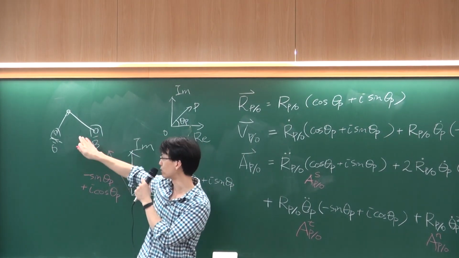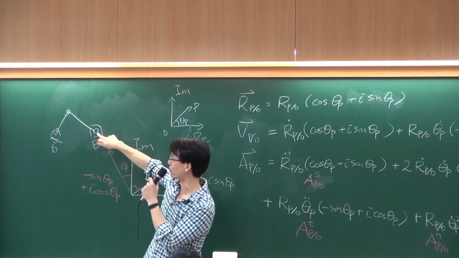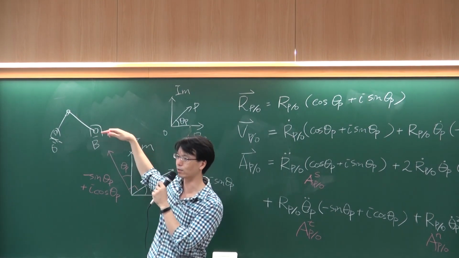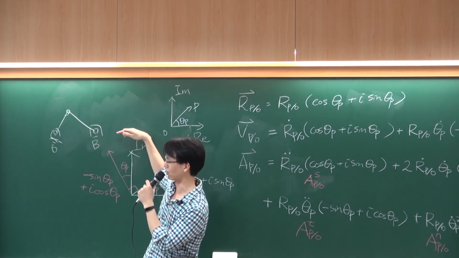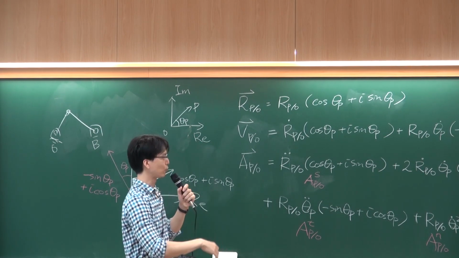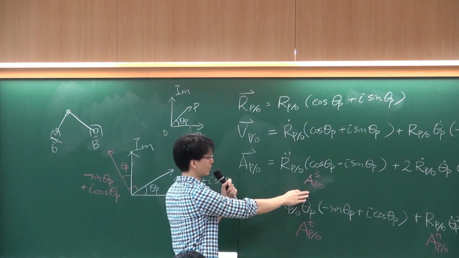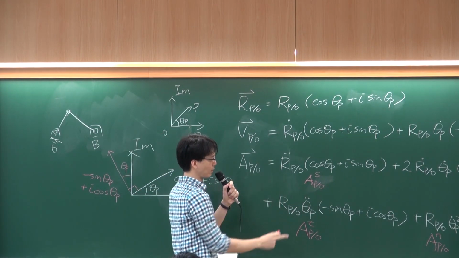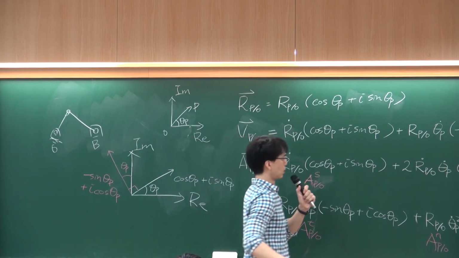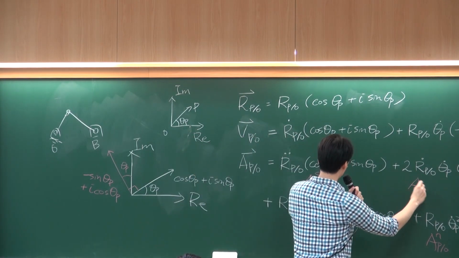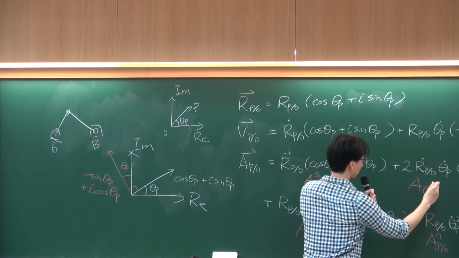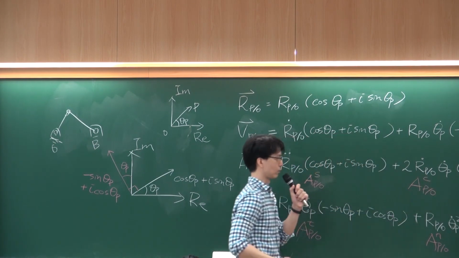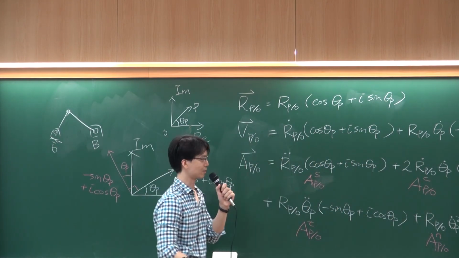When we analyzed the acceleration, it had only one component, in the horizontal direction. At that time we didn't name it, but it's actually this one. And this one we call Coriolis, 柯氏加速度.